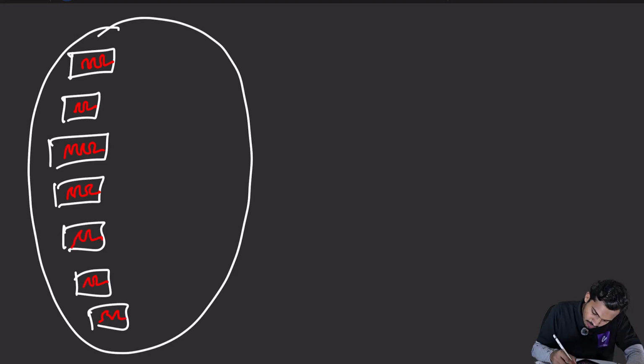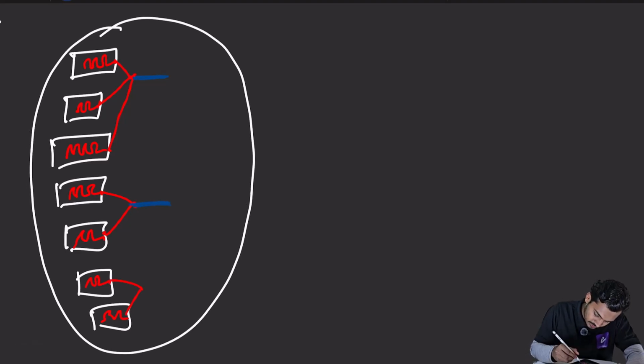Now what happens? Multiple seminiferous tubules, they will join and they will form a common duct. This common duct is called as rete testis. So जो आप blue color का देख सकते हैं, that is the rete testis.